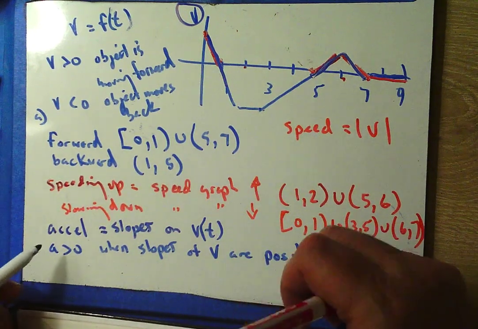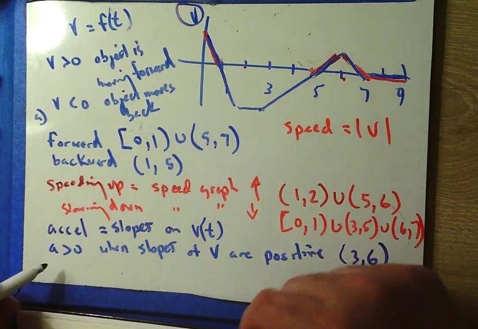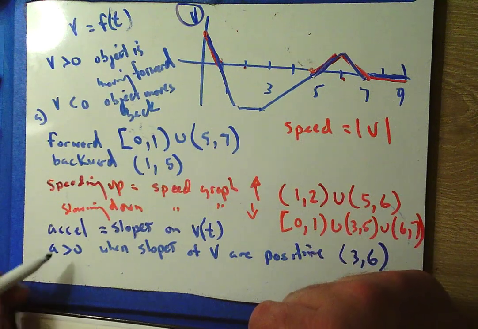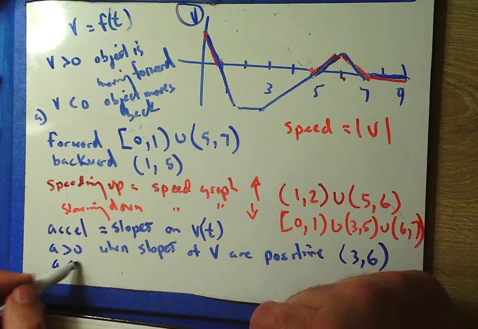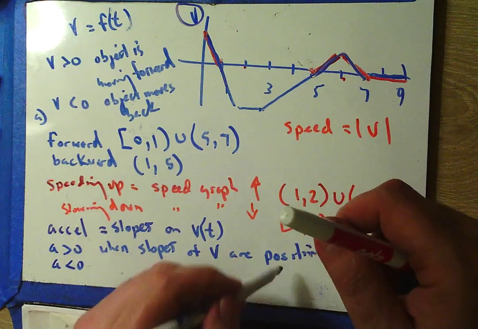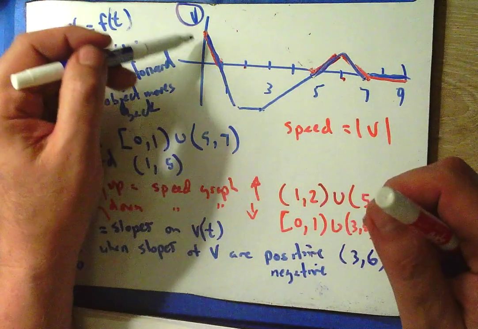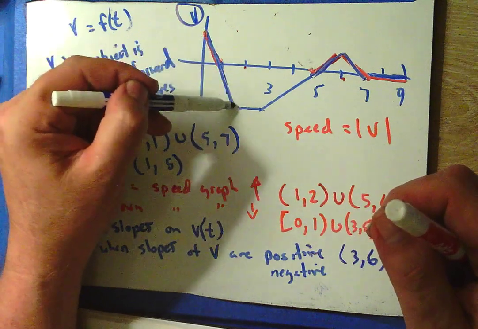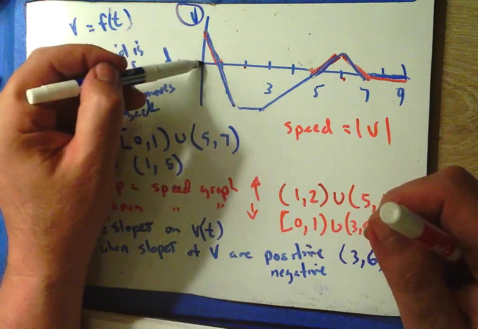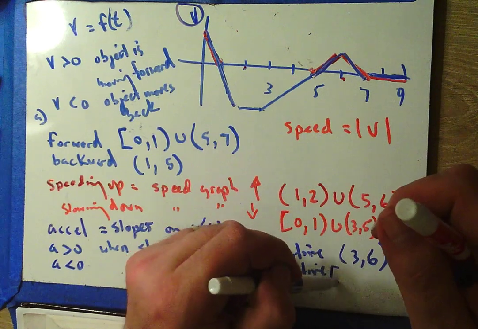And when is acceleration negative? Acceleration is negative when the slopes of velocity are negative. Well, I see the slopes of velocity are negative here from time equal to 0 to time equal to 2.